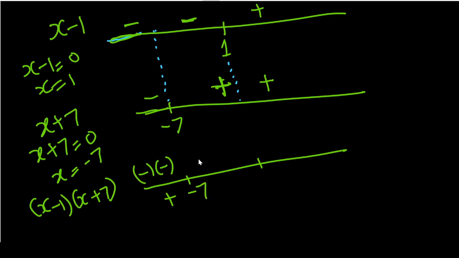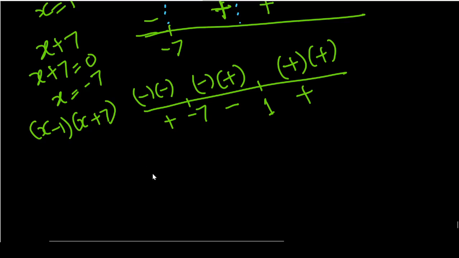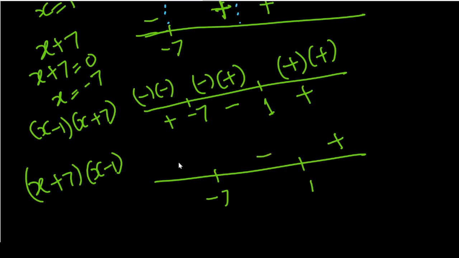This is minus 7, again minus from above, and from x plus 7 it is plus. So minus into plus, it is minus sign, again plus multiplied by plus, you will get plus sign. So guys, this is 1. For x plus 7 into x minus 1, the signs are again the same that we obtained: plus minus plus.